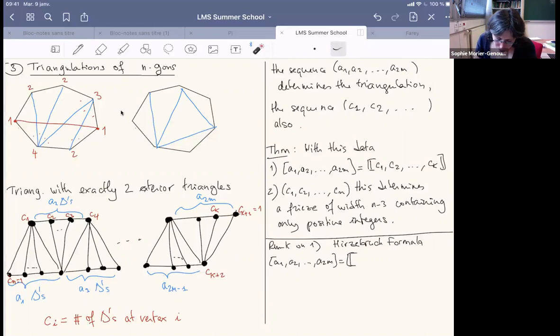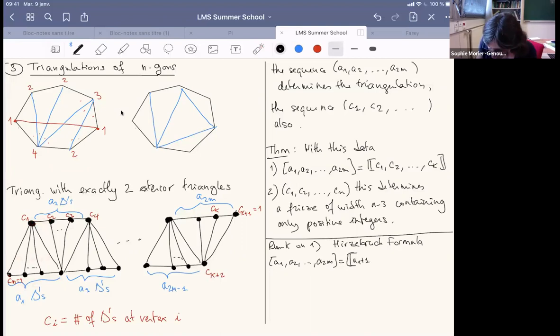So I use the picture. I know that the first coefficient counts how many triangles are incident at vertex 1. So I have A1 triangles with the base down, plus 1 triangle with the base up. So this is A1 plus 1.